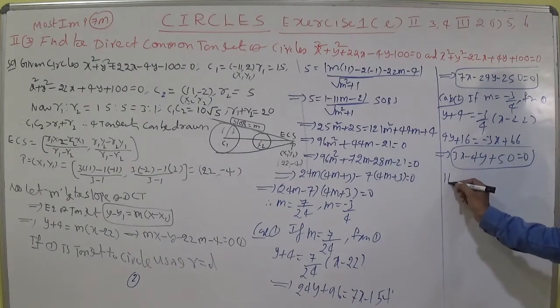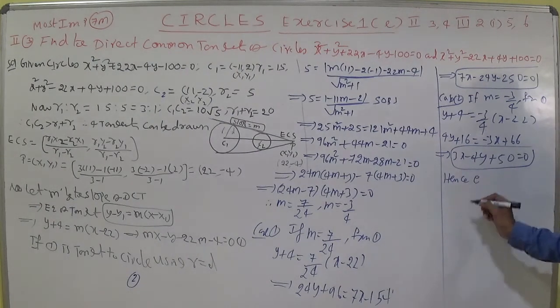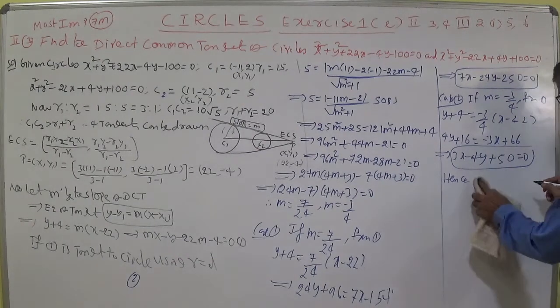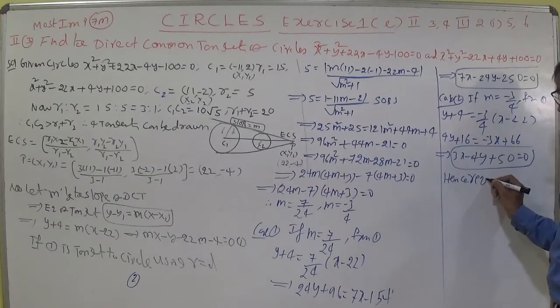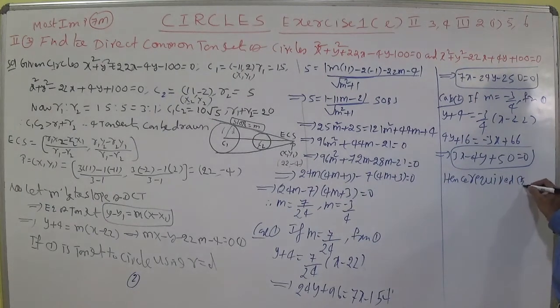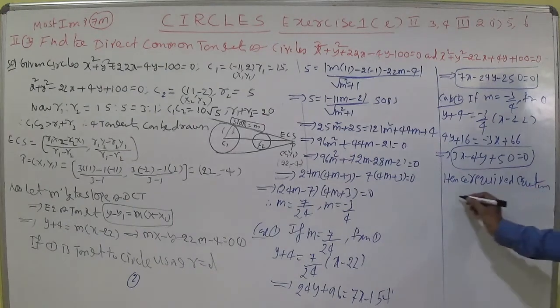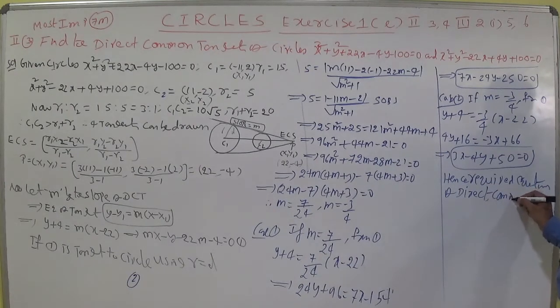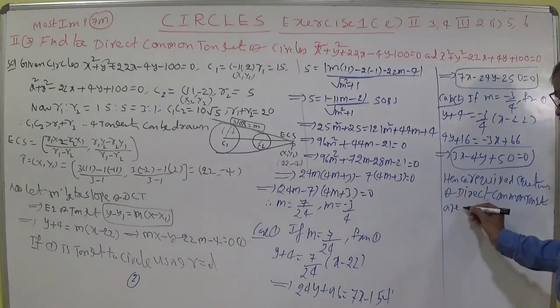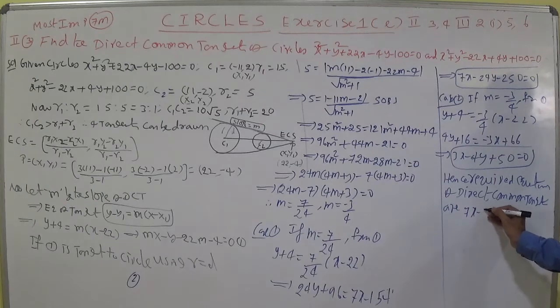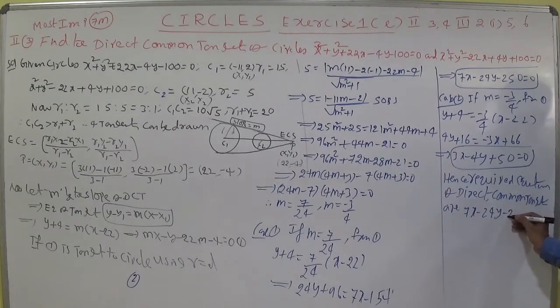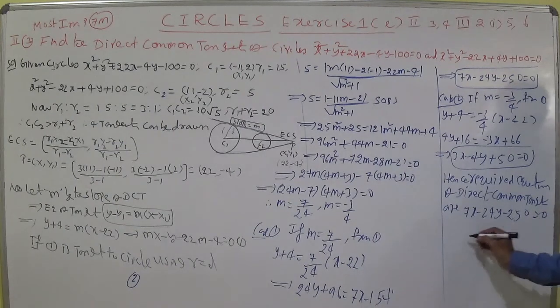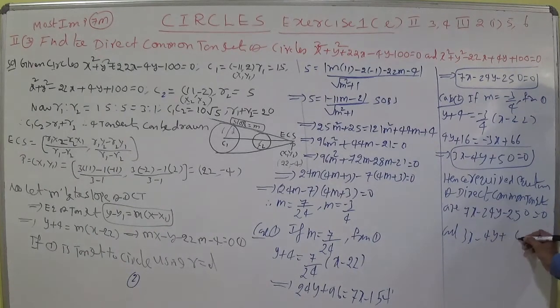Hence, the required equations of direct common tangents are 7x minus 24y minus 250 equal to 0 and 3x minus 4y plus 50 equal to 0.